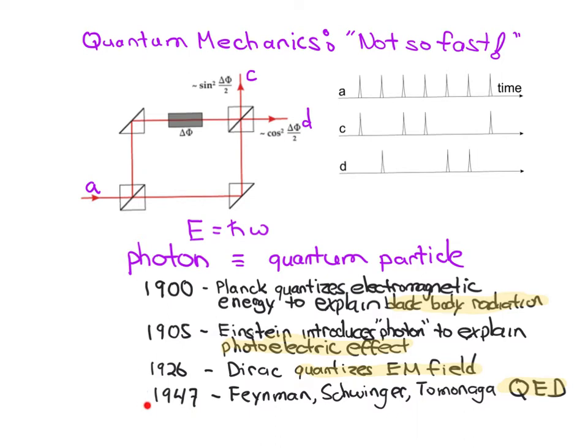But really, the full-blown modern understanding of the quantum treatment of electromagnetism took until 1947 when Feynman, Schwinger, and Tomonaga independently developed what's known as QED, quantum electrodynamics, which is an unbelievably successful theory of our understanding of the way light and matter interact with one another. But that is well beyond the scope of physics 323. So we won't get to quantum electrodynamics this term.